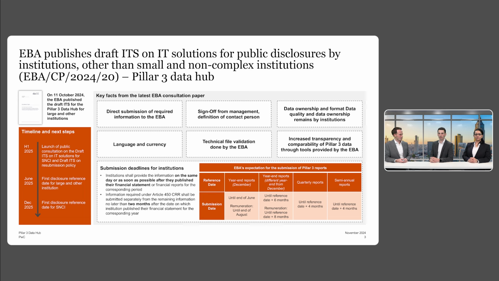There has to be a defined contact person from the institution, and there has to be sign-off from management. And also the EBA clearly stated in the consultation paper that even if the data is hosted on the EBA Pillar 3 Data Hub, still the responsibility for the data lies with the institutions.